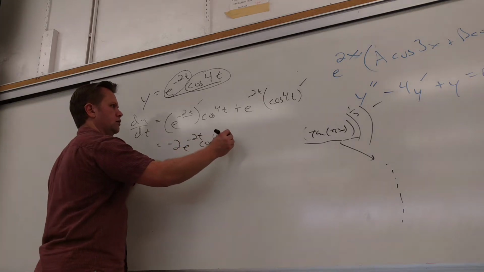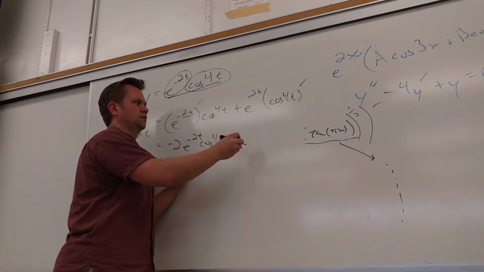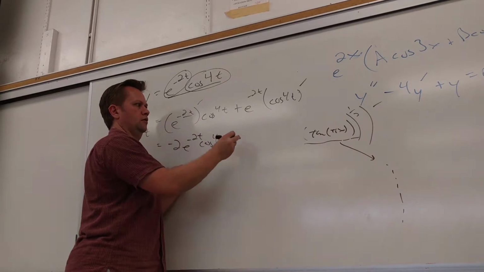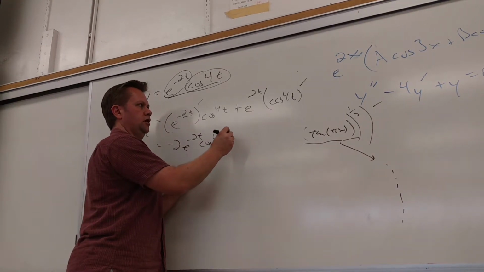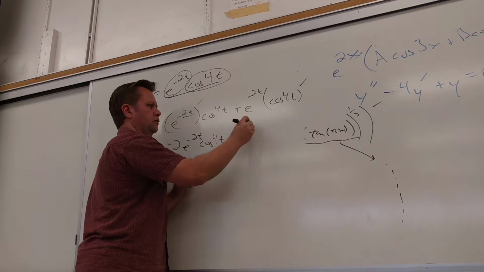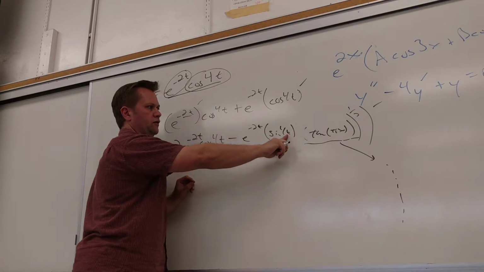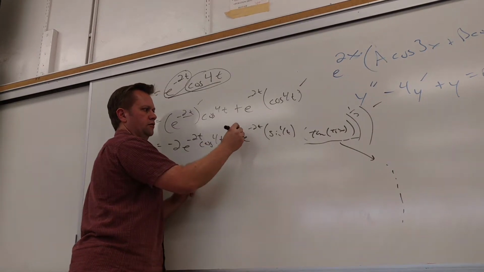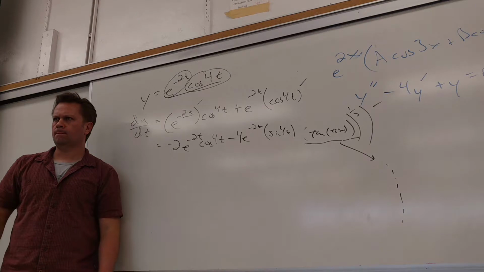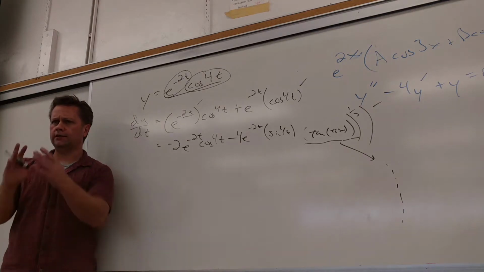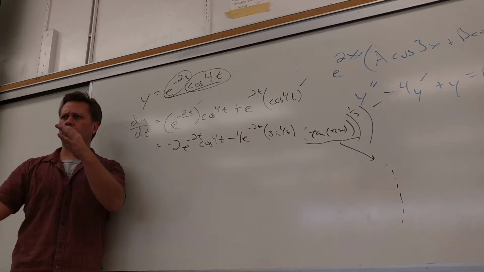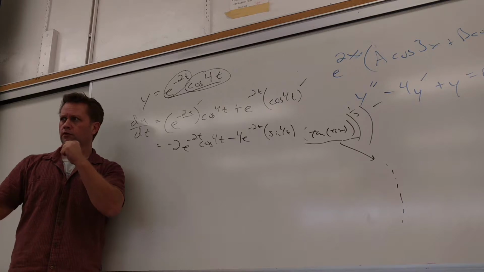Cosine 4t. And what's the derivative of cosine 4t? Negative sine, times the derivative of the inside, 4t, so it's going to have a chain rule piece that shows up.